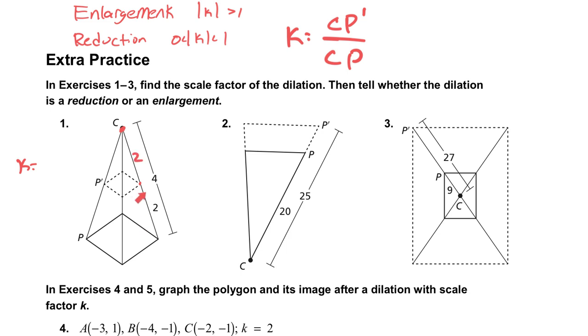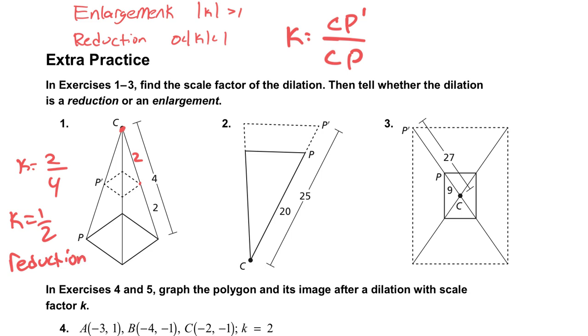So this section is 2, and the whole thing's 4. I want C to P prime, so the image, that's worth 2, and then CP, which is C to the pre-image, is going to be 4. This is a K that is 1/2 or 0.5, known as a reduction.